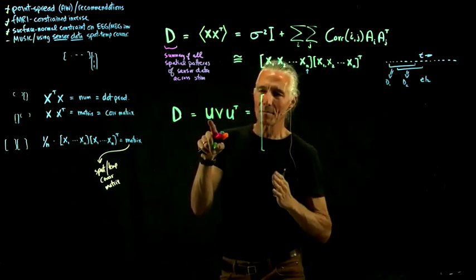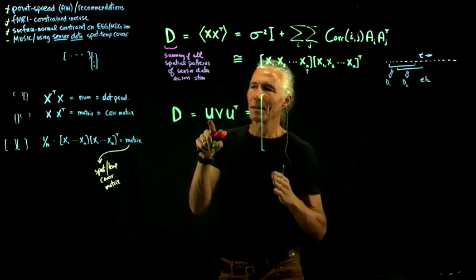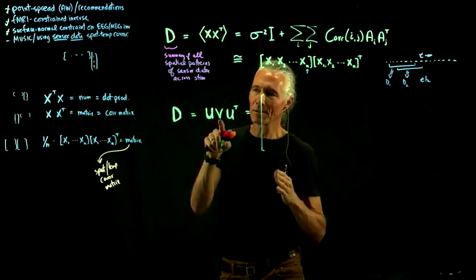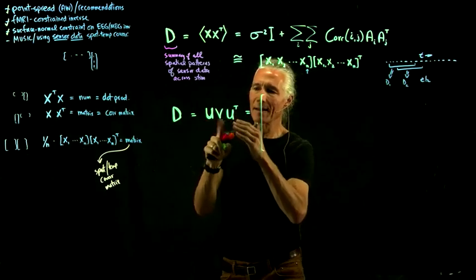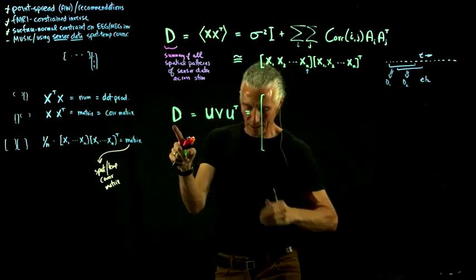Those are uncorrelated, meaning orthogonal, perpendicular to each other, spatial patterns, and then some eigenvalues in the middle that tell us the strength of each of those spatial patterns, because they all have to add together back into our final covariance matrix.